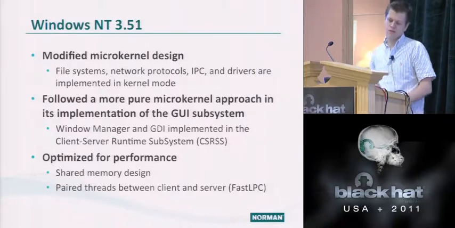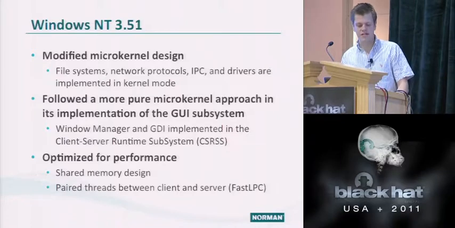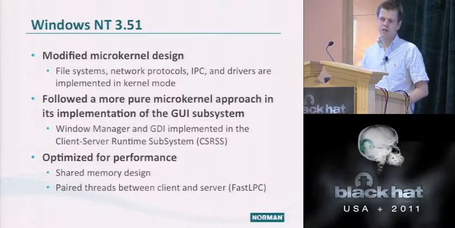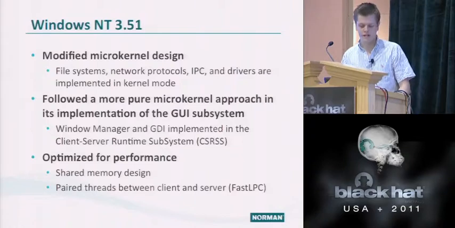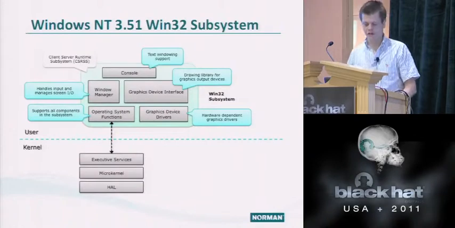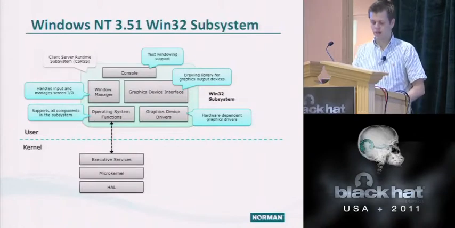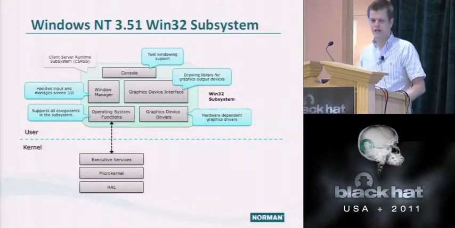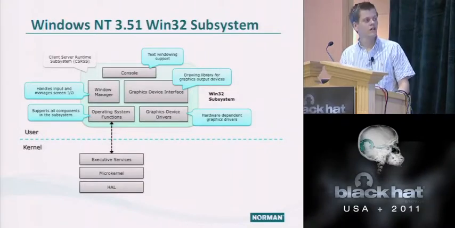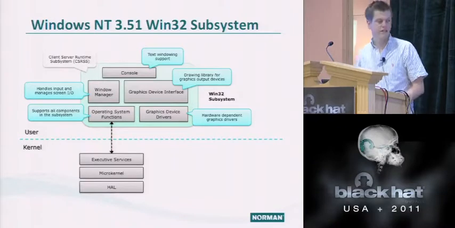And even though that might be slow in some contexts, they used a lot of optimizations like a shared memory design, sharing memory between the client and the server process, and using paired threads to make the context switching more efficient. So this is pretty much what it looks like. Back then, you had all these components in user mode, and you had limited executive services that did the necessary kernel processing of these components.